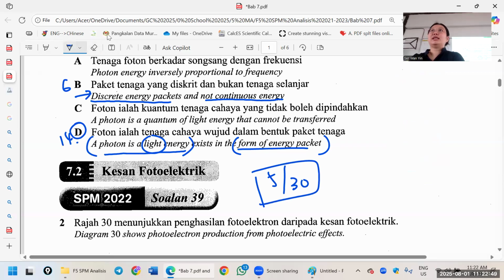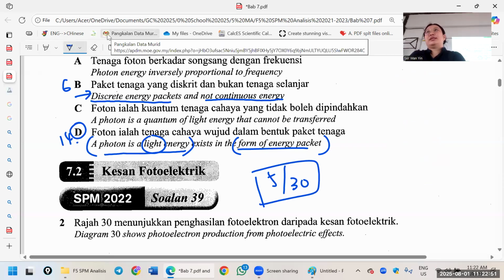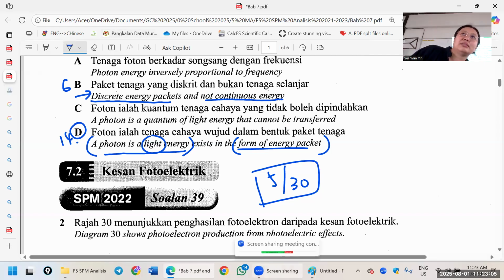I think that's why they want you to repeat until you get all correct.